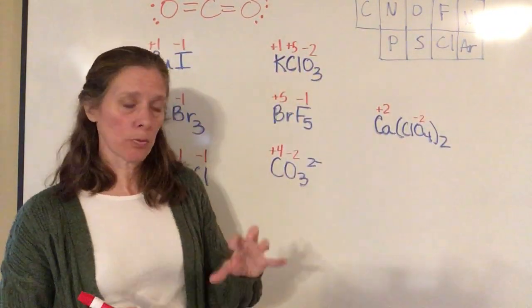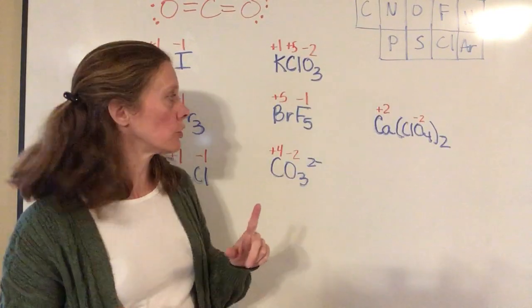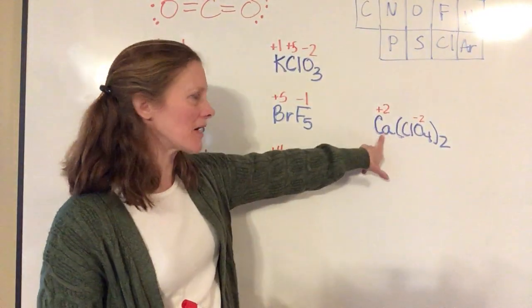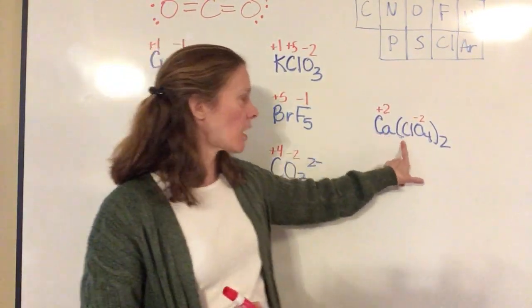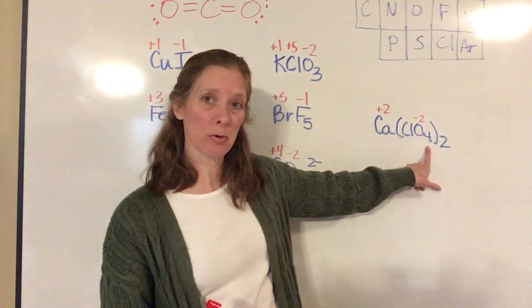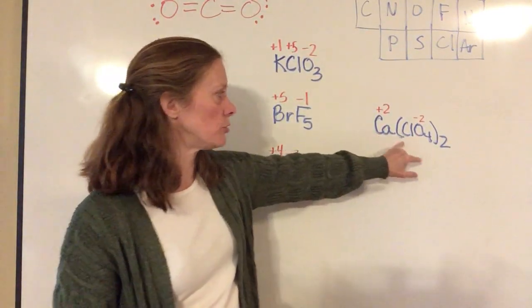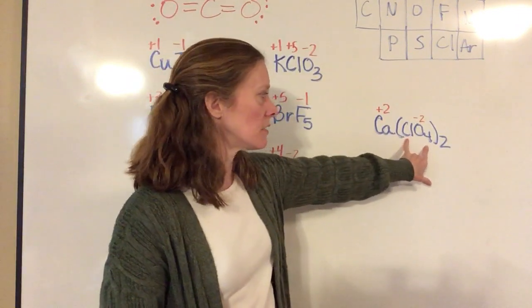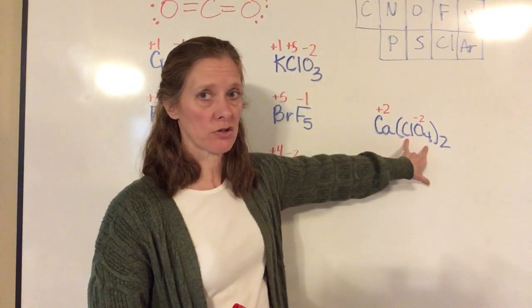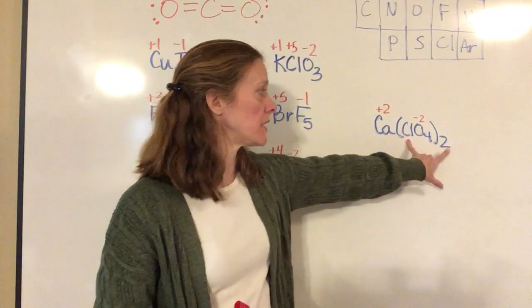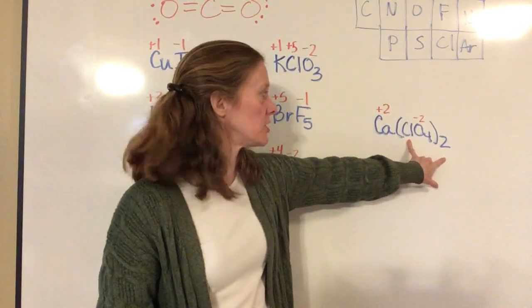Now again, 2 different ways you could look at it. One way that I could look at it is to say, well, if this is a +2, this is not a polyatomic ion that you memorized, but you can tell by looking at it, if the calcium is a positive 2, then each one of these must have a charge of -1 on them because there are 2 of them and they would have to add up to 0.